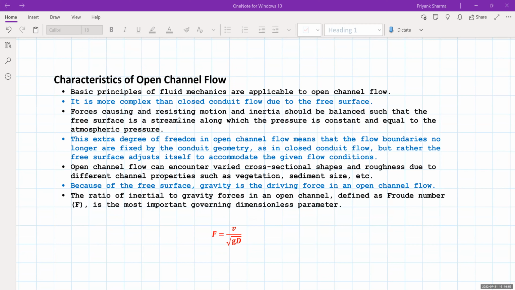Now, the forces which cause the motion and those that oppose the motion should be balanced such that the free surface is a streamline along which the pressure is constant, and it has to be atmospheric pressure. That is the requirement for an open channel flow.